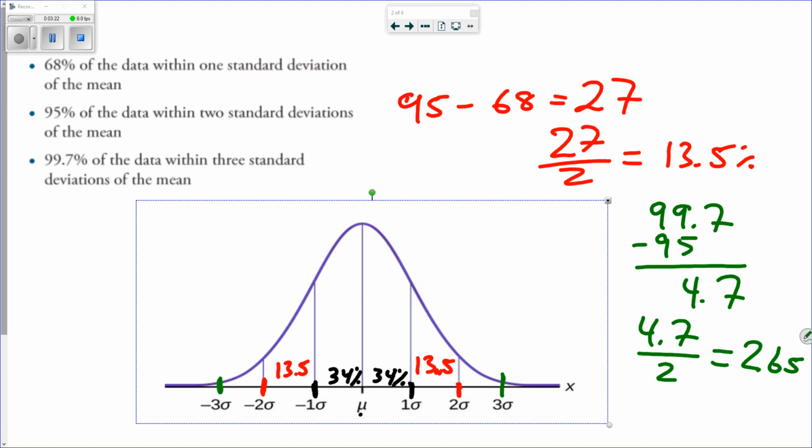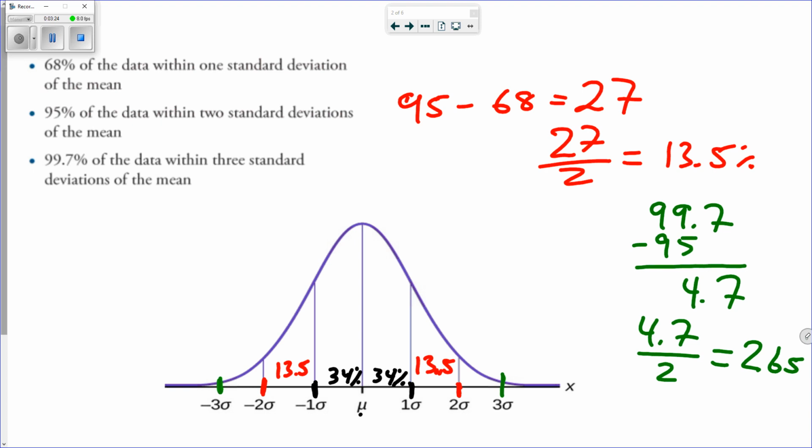Hold on. Scratch that. It's 2.35. So in these little sections here, we're going to have 2.35% of our data points showing up.